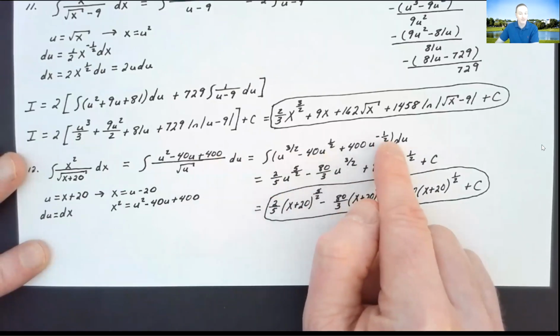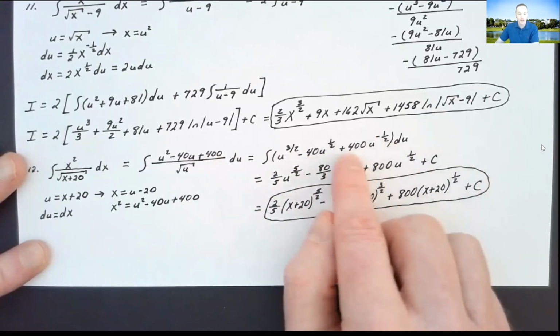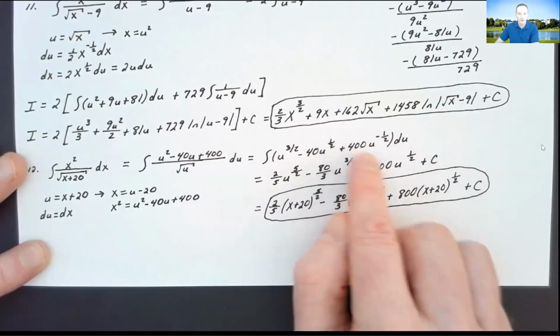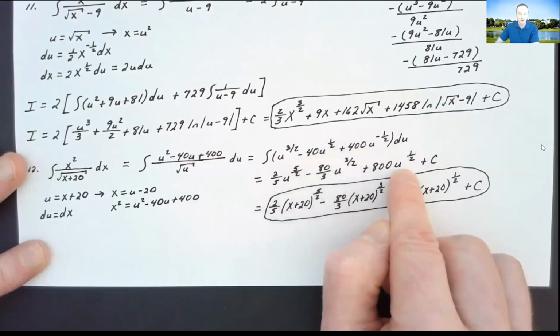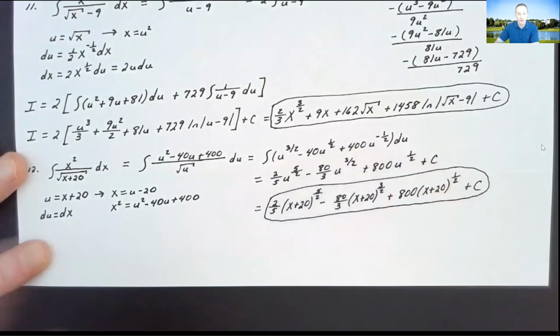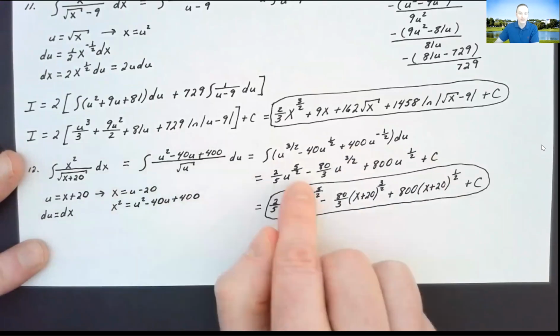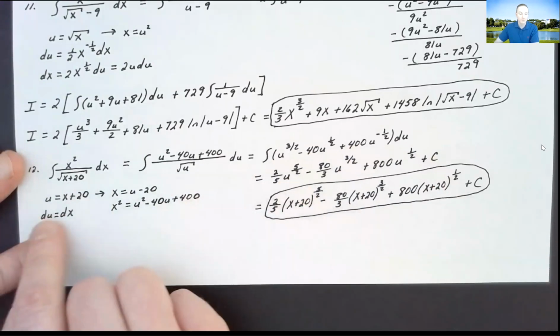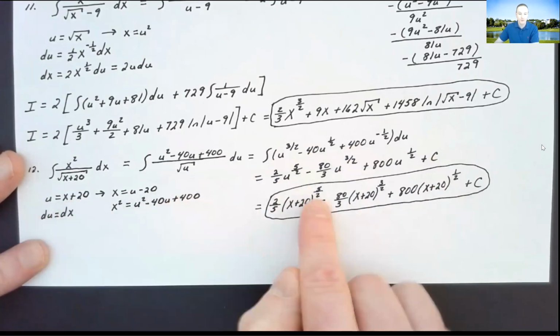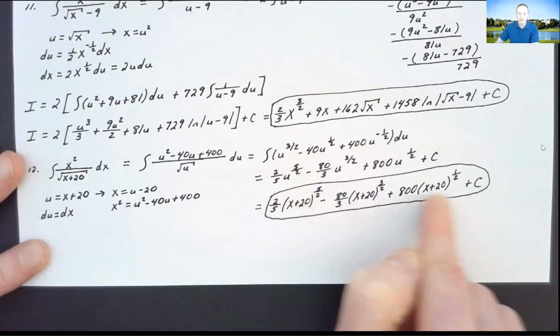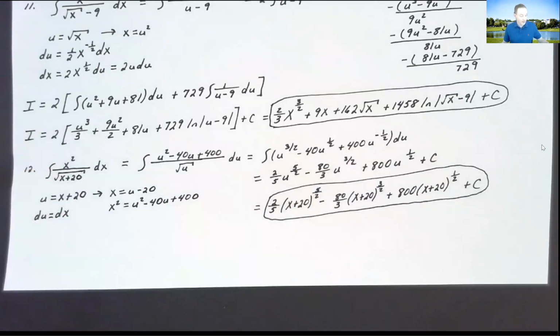Then you would divide by 1/2, or in other words, multiply by 2. That's why we say 400 times 2 is 800, u to the 1/2, plus your constant of integration. At that point, the only thing I did was, in the place of u, please substitute what it's equal to, the group x plus 20 everywhere. And that is precisely what they were wanting for that problem.